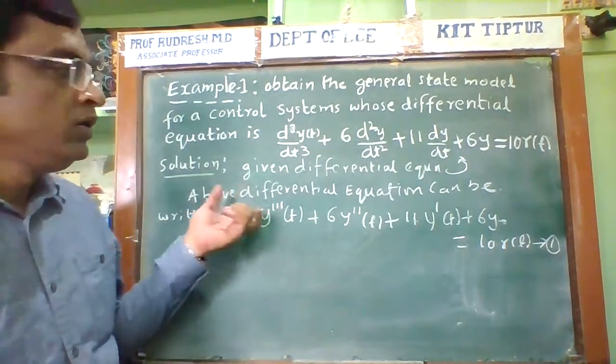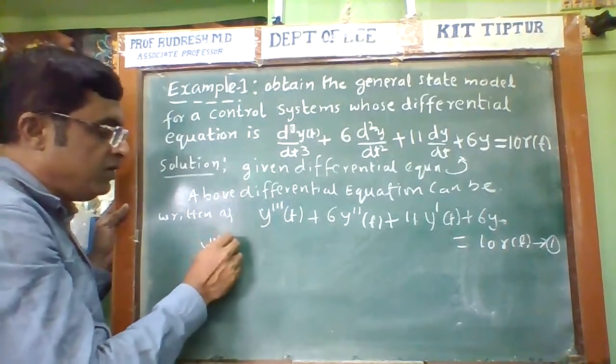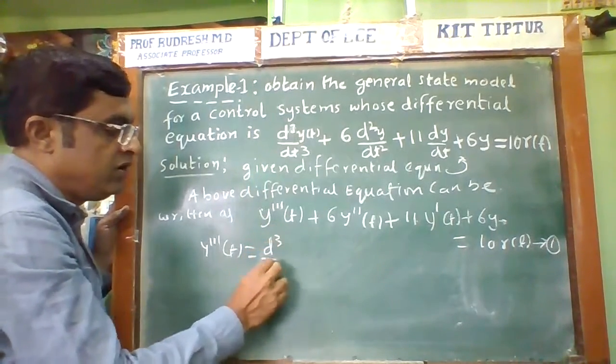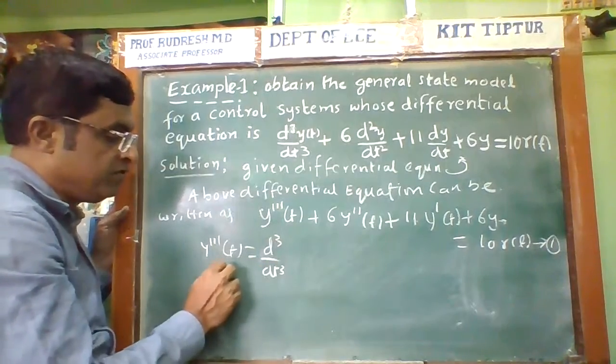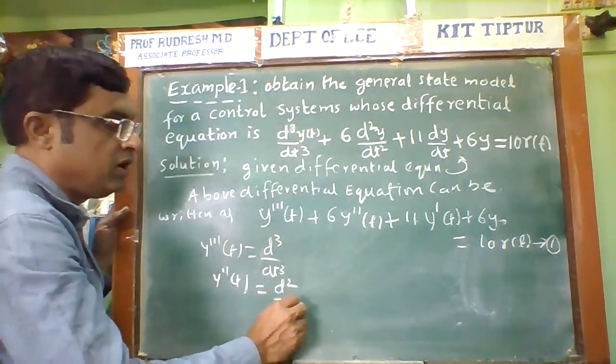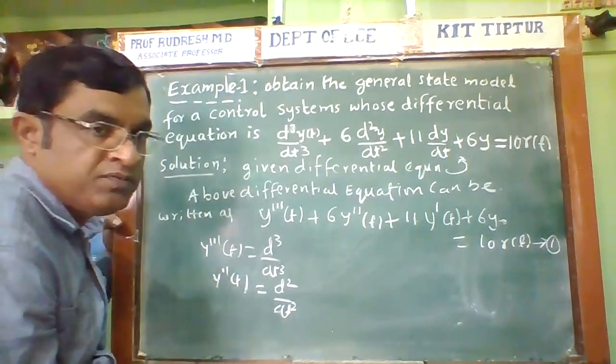What is the value of y double dash of t? y triple dash of t is equal to d cube by dt cube, and y double dash of t is equal to d square by dt square, which can be written as y double dash of t or y double dot of t.